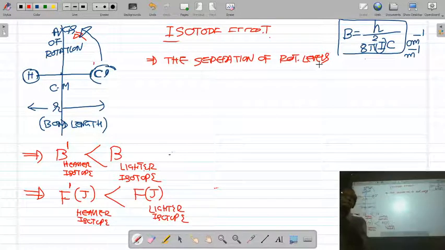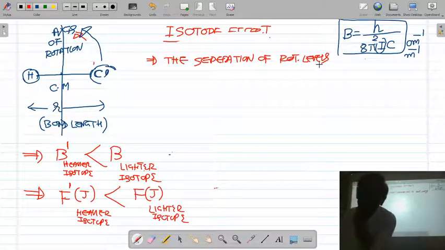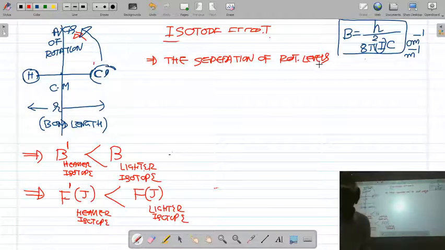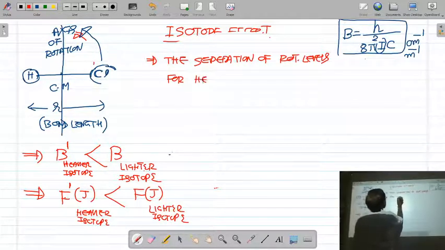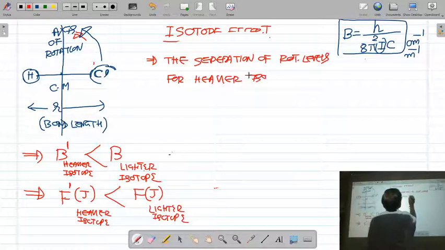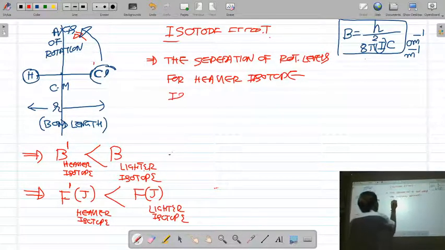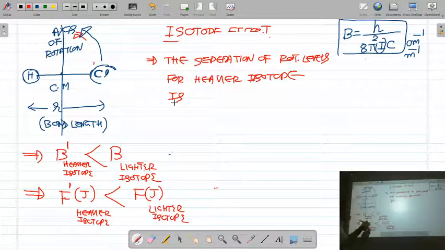So separation is directly proportional to the rotational constant B. So this suggests that the separation of rotational levels for the heavier isotope is less, because for the heavier isotope F dash J is less than FJ.